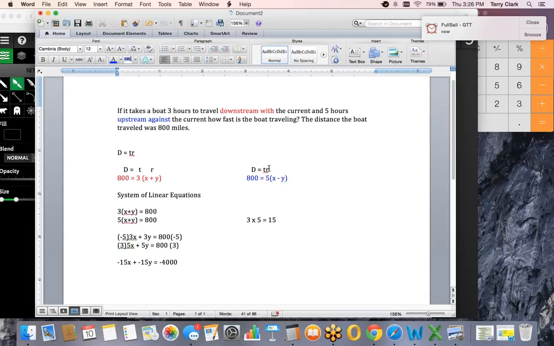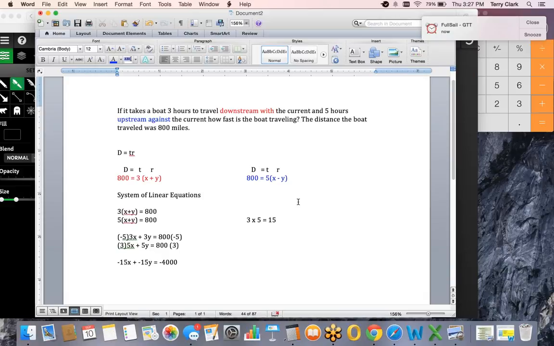Now, in the second situation, they're not going to be working together. They're going to be working against each other. So we're going to say D equals, the time is going to be 5 hours, and the rate in this case is going to be X minus Y. Anytime you have two different speeds, two different rates, you'll either add them together or subtract them.